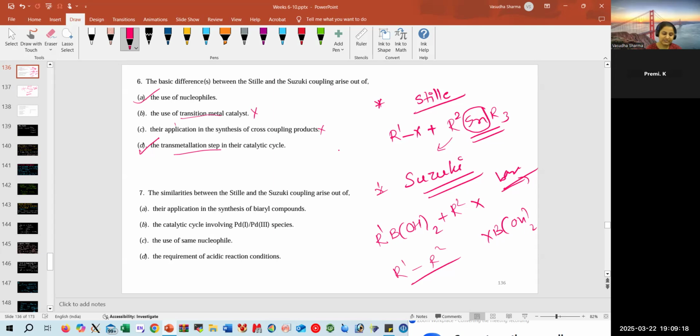Also, the nucleophiles and the bases that we use are totally different in terms of Stille and Suzuki coupling. So whenever you appear in the examination, you had better have proper knowledge of all the coupling reactions, because they can be merged and some similarities and differences would appear. They are going to ask in the next question, what are the similarities between Stille and Suzuki coupling reaction? So what do you think? What would be the answer?